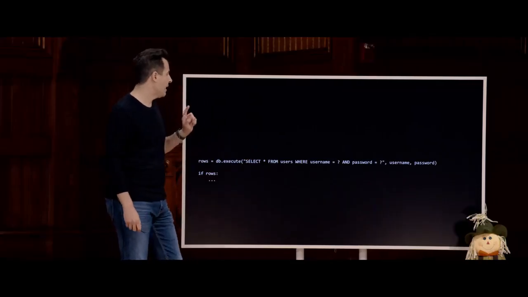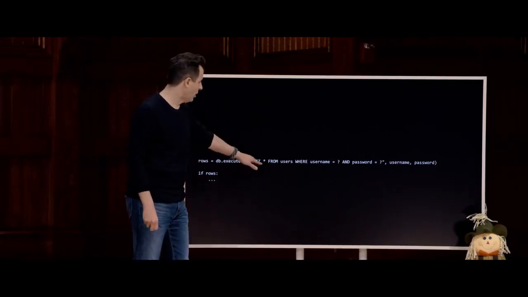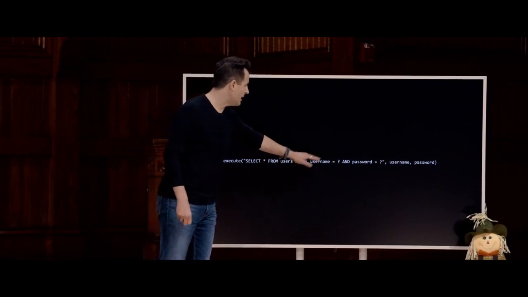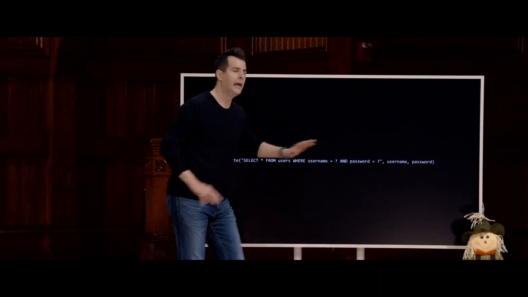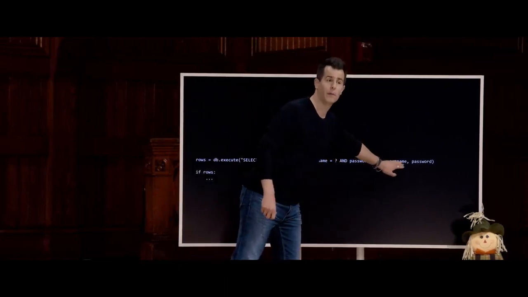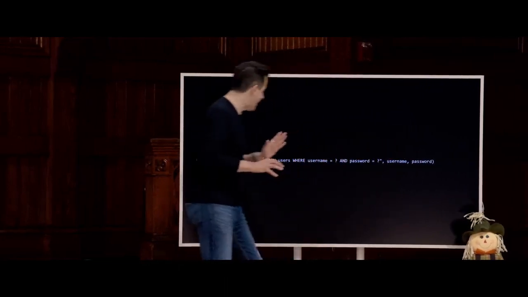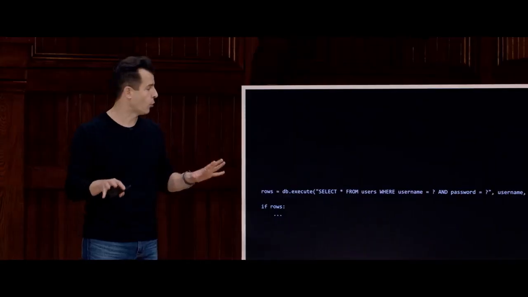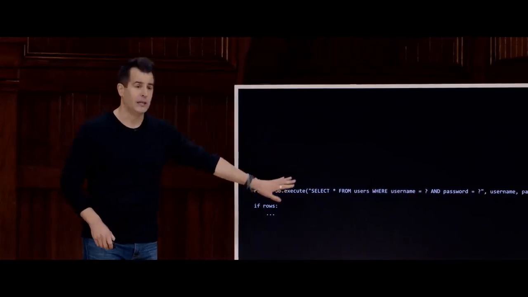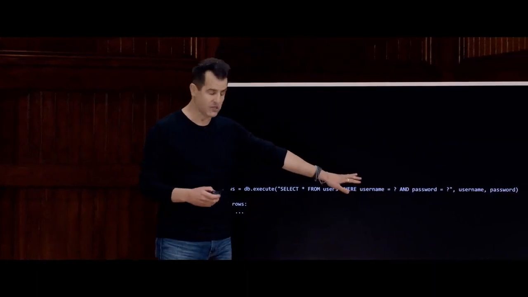Suppose that they have a query like this. Select star from users where username equals question mark and password equals question mark. And then suppose they just plug in whatever username and password was typed in. And then if they get back some number of rows, they assume I am David. They assume Carter is Carter if both the username and password are in the database. Just end of story there. This is good. This has the question mark placeholders we discussed earlier.